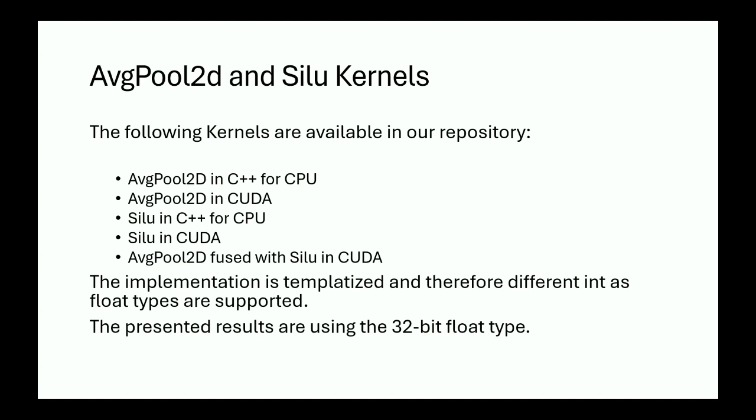So to support integer types is very important in this environment. Nevertheless, the results are using the 32-bit float type. That's a normal IEEE 754 based 32-bit float type, which is kind of the standard type.